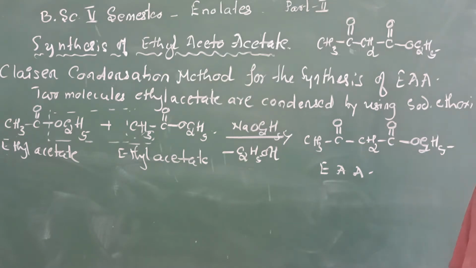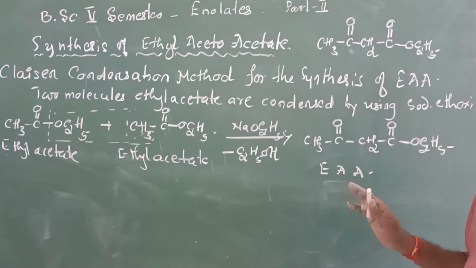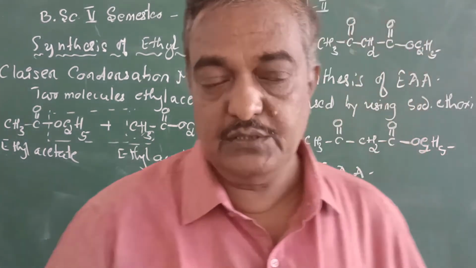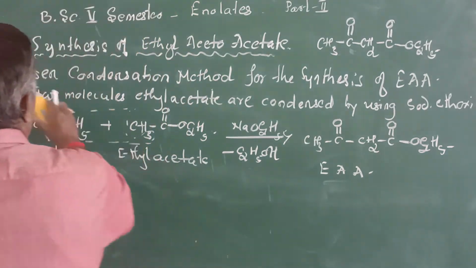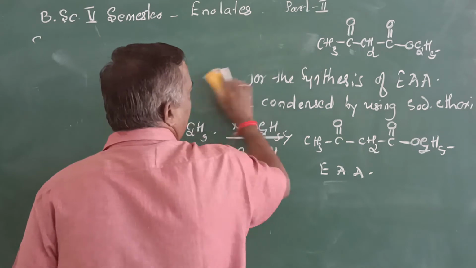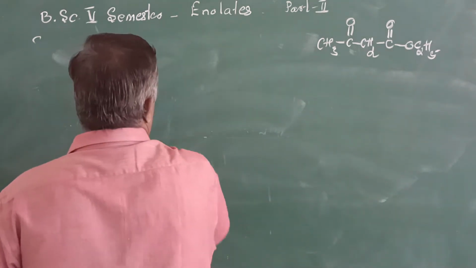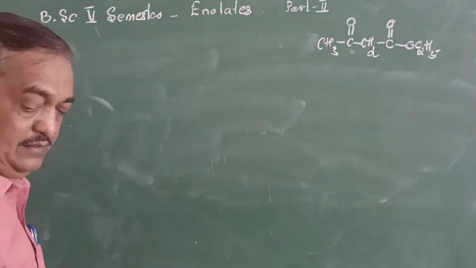The diester anion gets stabilized by elimination of OC2H5, leaving behind the final product, EAA. That is the beauty of the mechanism. So I will explain the mechanism of Claisen condensation for synthesis of EAA one by one.